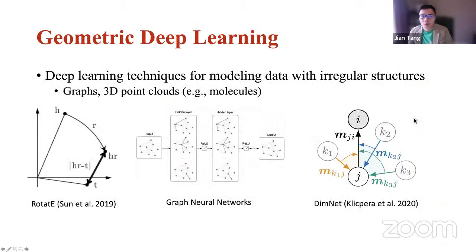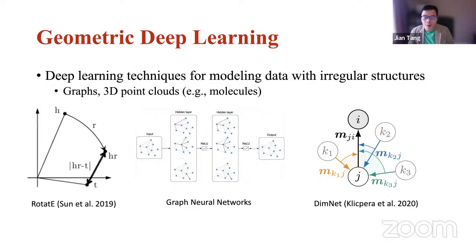That's why we need to develop geometric deep learning. So what are geometric deep learning techniques? They refer to general techniques which are used to model data with irregular structures, for example, graphs, 3D structures, and 3D point clouds like molecules, proteins, and biomedical knowledge graphs.